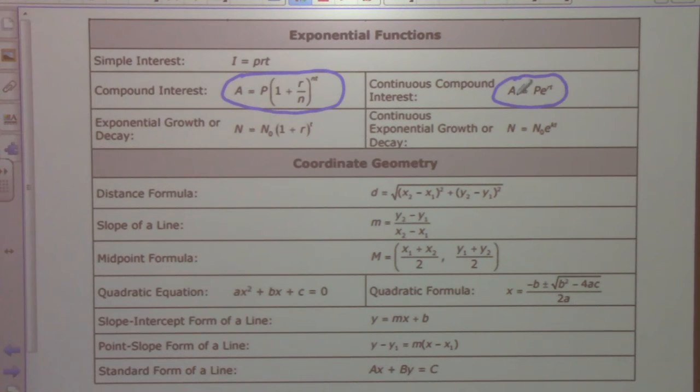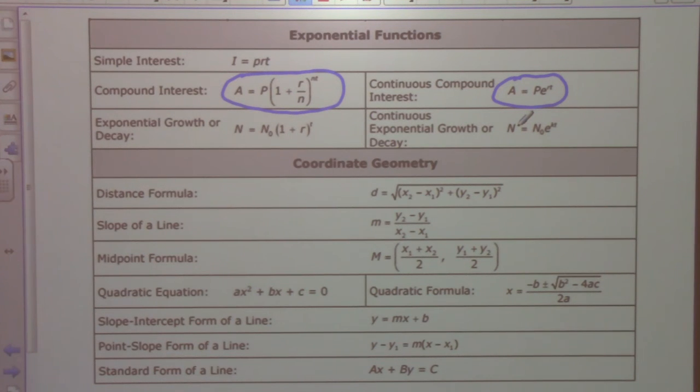Now, as it turns out, continuous compounding is becoming more and more relevant today than it was 20, 30 years ago. Why do you think so? Computers. Yeah, computers. We have so many more new things in the world, so much more technology. What it does is make the calculations a lot easier.